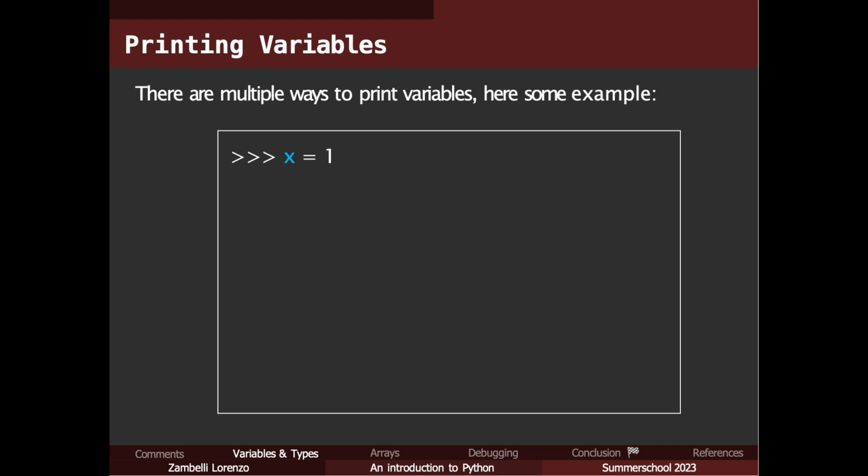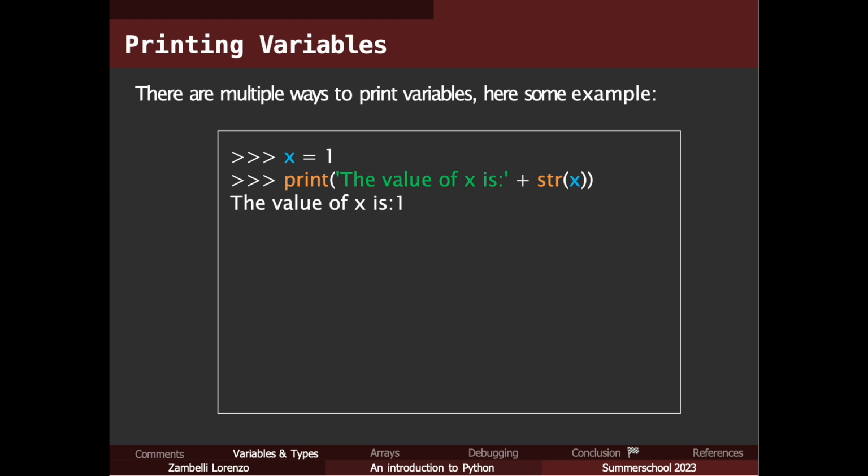For example, let's write a variable named x. Notice that we are still in the Python shell. x equals 1, then print the value of x is plus str of x, and the value of x is 1 appears. That's just nice.